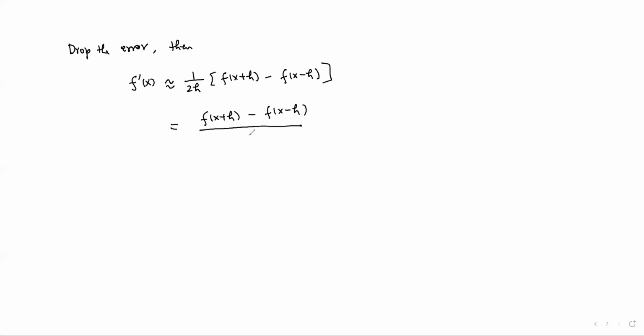Then the derivative is roughly equal to 1 over 2h times f of x plus h minus f of x minus h. Usually we write this quotient as this, over 2h.